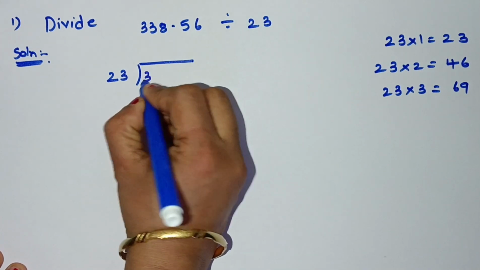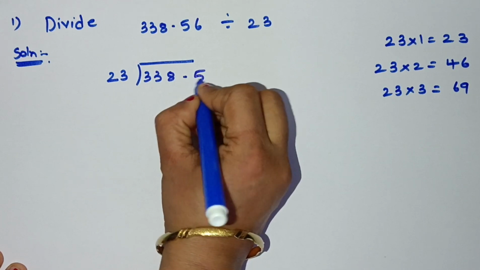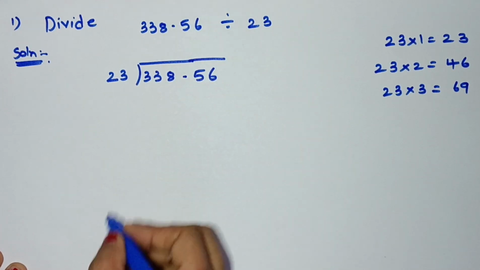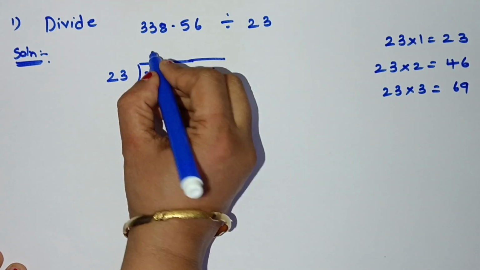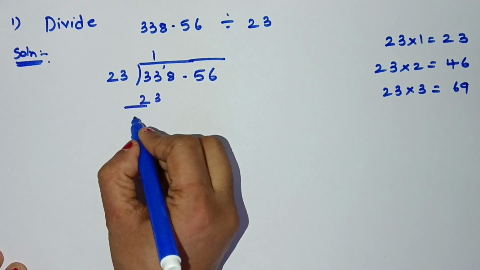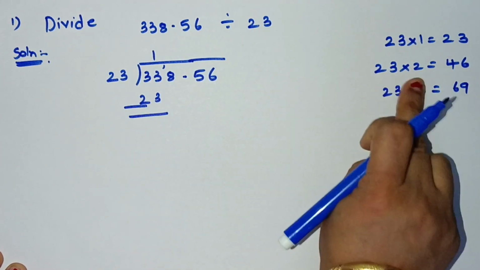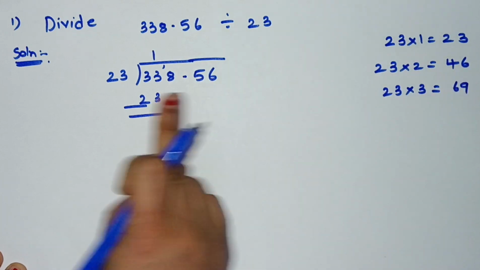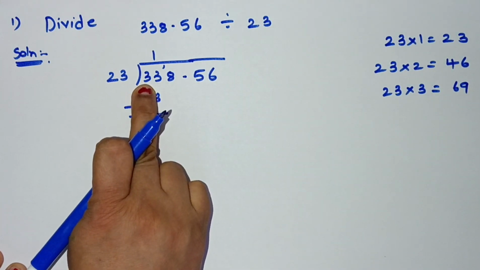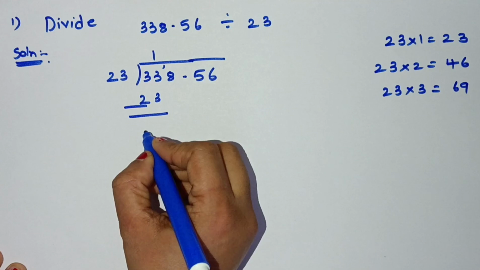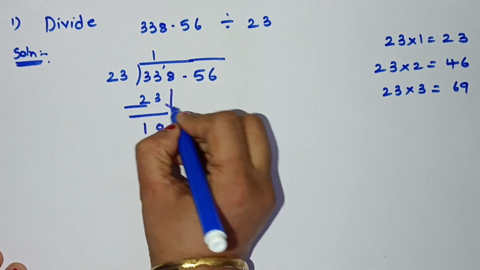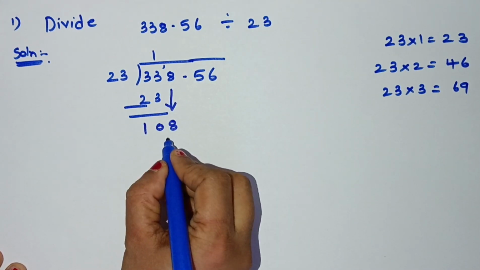Okay, so 338.56. First take 33. 23 ones are 23. Why can't you take the next one? Because 23 twos are 46. You have to take the one closer to 33. Okay, so here what you got is 10. Shift this 8 down, you got 108.